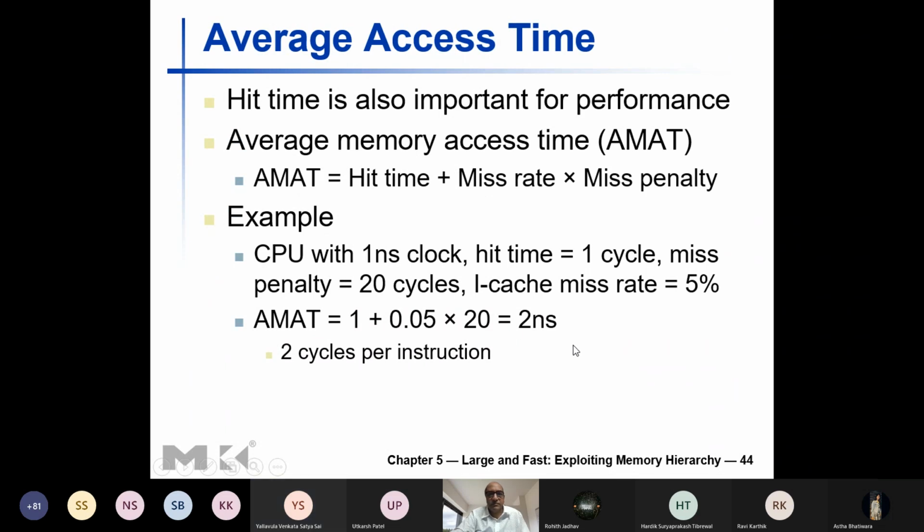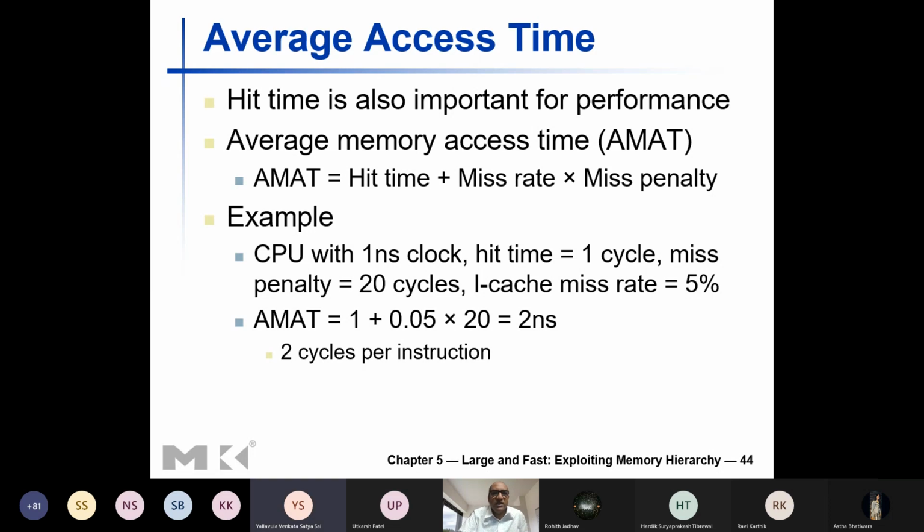Then this is another illustration, of average access time. As we know, the average memory access time depends on both the hit rate and the miss penalty, because for execution of instructions, every time we need to access the instruction memory, and in some cases the data memory, like the data cache.